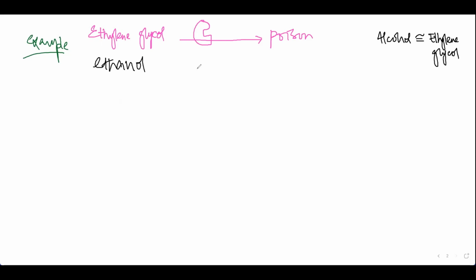Okay, Sabha, what do you say? Which one is the inhibitor? Ethylene glycol or ethanol? Ethanol. So it is a competitive inhibitor. It will bind to the active site, and in the meanwhile, ethylene glycol will be gone out of the body.